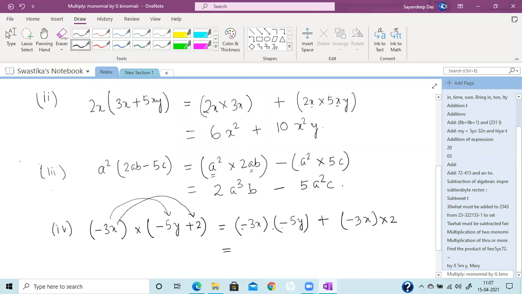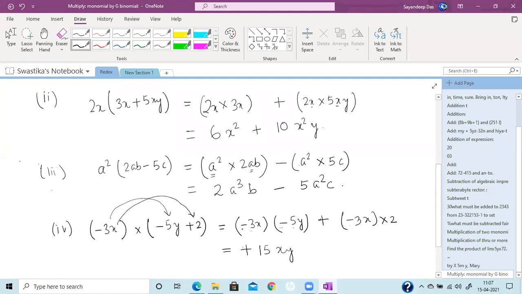So minus into minus, this sign will become plus. 3 into 5, 15. x into y, xy. Then minus 3x into 2 will be minus 6x. So here what happens?